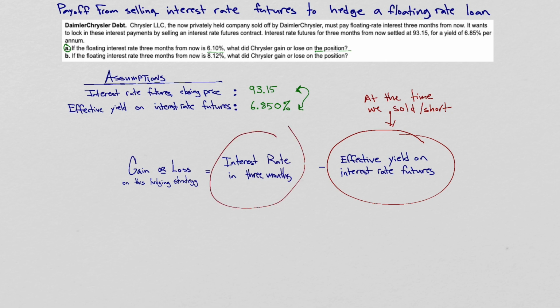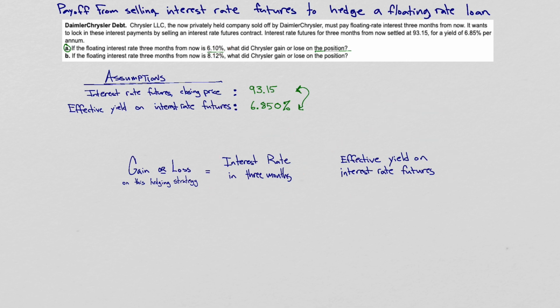And because this is the interest rate that they're going to pay, they're linked to whatever interest rates are in the market, say LIBOR. Well, that's fine, because the interest rate in 3 months is going to be the yield on the interest rate contract itself at that time. And so by comparing the two, we can get a gain or loss calculation on this interest rate futures position that we took on.